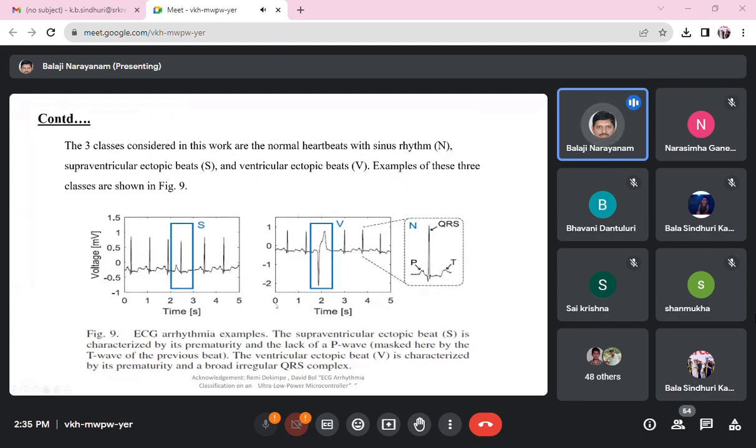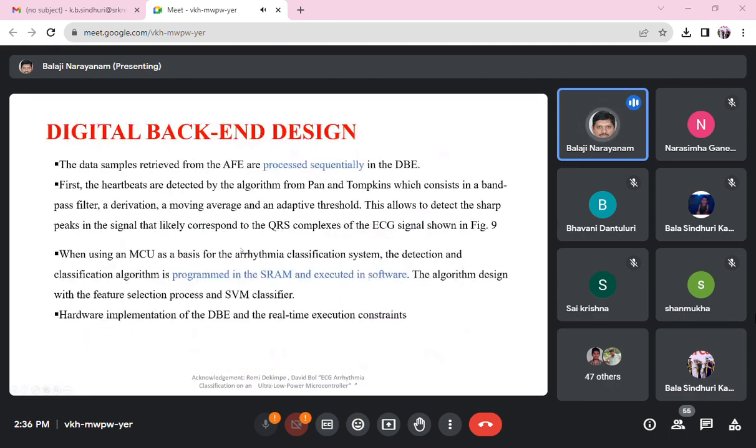One is S, the supraventricular beat, and you have V, the ventricular beat. The broad irregular QRS complex is shown here, which we are referring to as the figure.